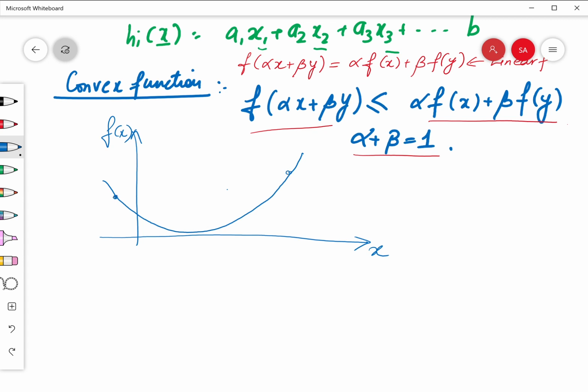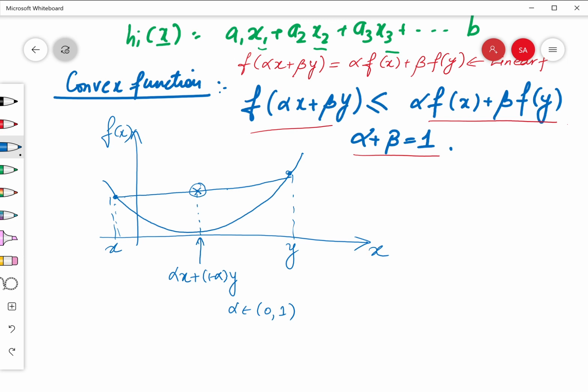If you take two points here, let's say x and y, and join the line between the two, any point on it you can write as alpha x plus 1 minus alpha times y, where alpha lies between 0 and 1.